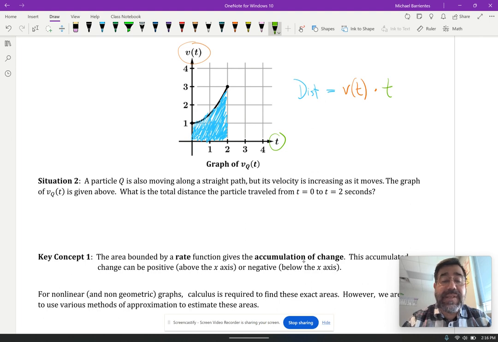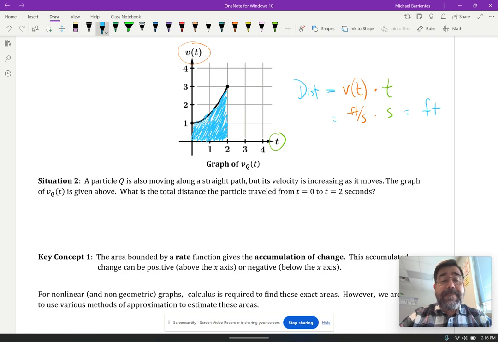Because v of t, which we'll say is measured in feet per second, times time, which is measured in seconds, will produce the unit of distance, which in this case might be feet. And so I run into an issue that I can't find the area of the curve, so I can't find the exact distance that it traveled.